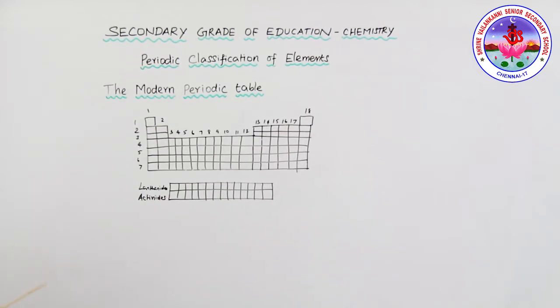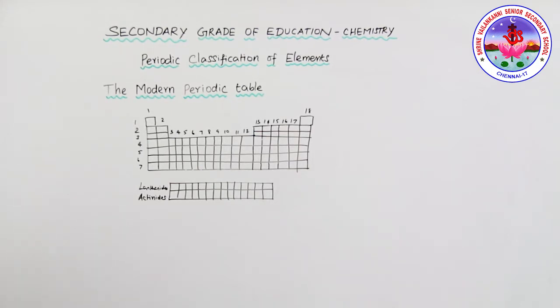The modern periodic law is stated as: the properties of elements are a periodic function of their atomic number. Just recall that atomic number gives the number of protons in the nucleus of an atom, and this number increases by 1 going from one element to the next. Elements arranged in order of increasing atomic number form the modern periodic table.